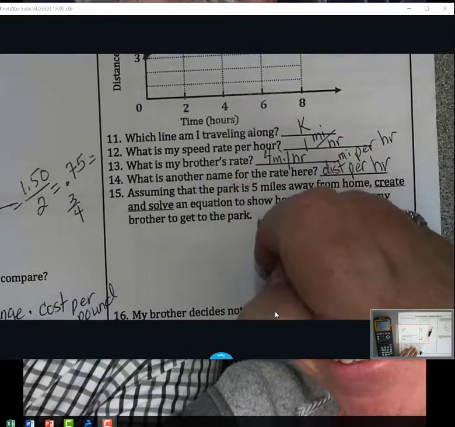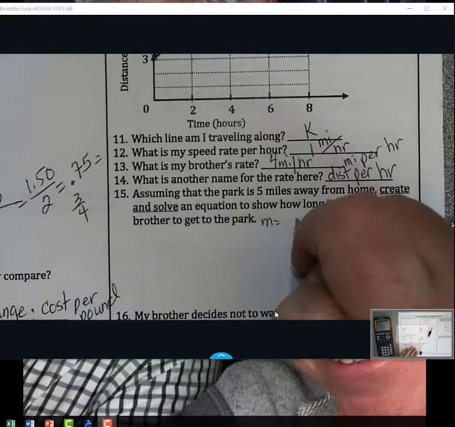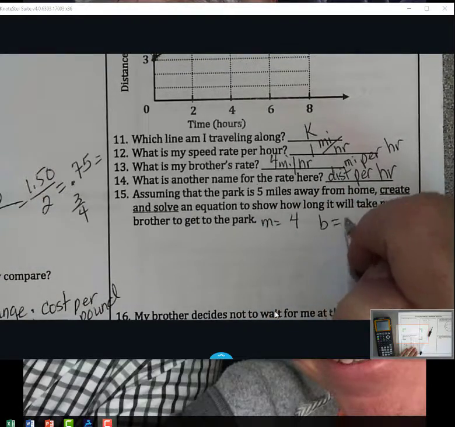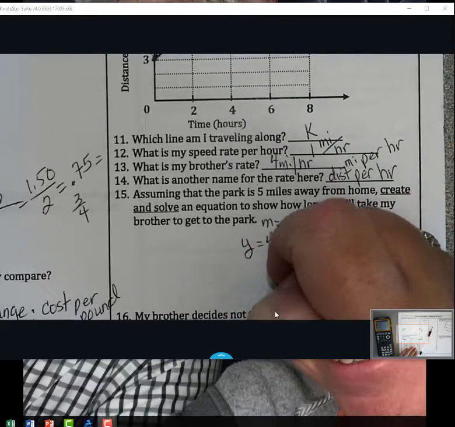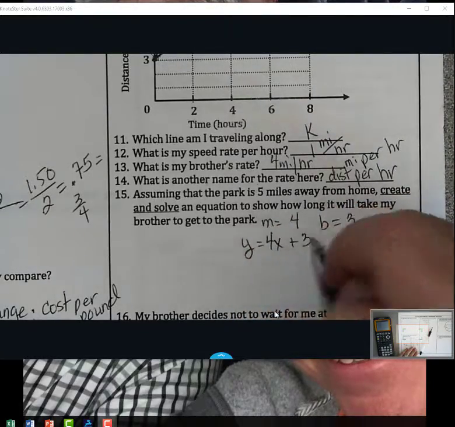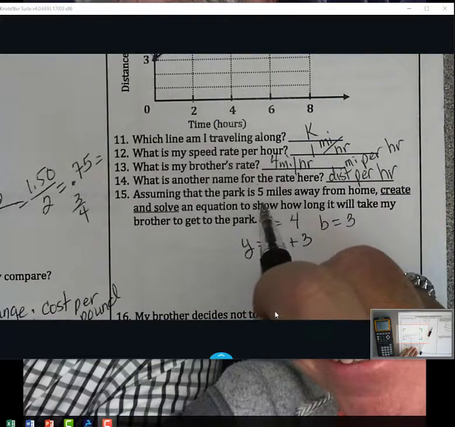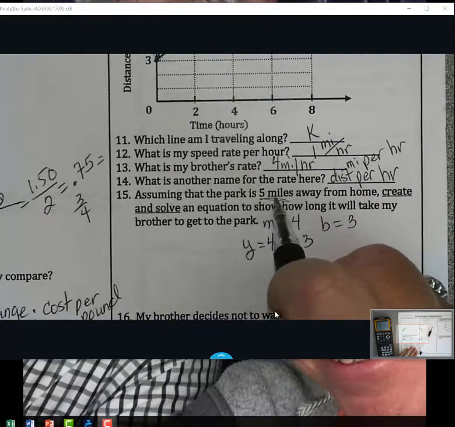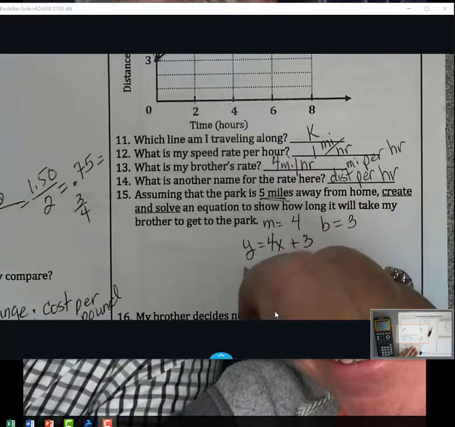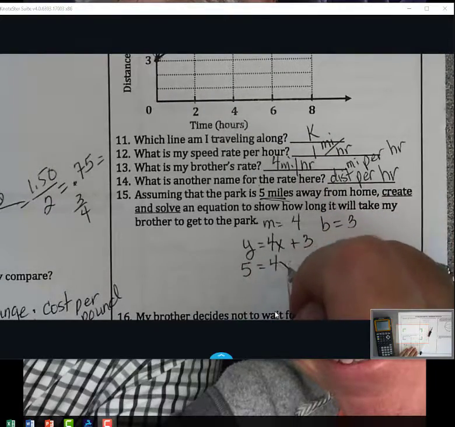So his slope is 4, and his y-intercept, where he is starting, is 3. So y equals 4x plus 3. And this now needs to be set equal to 5 miles away from home. So 5 equals 4x plus 3.